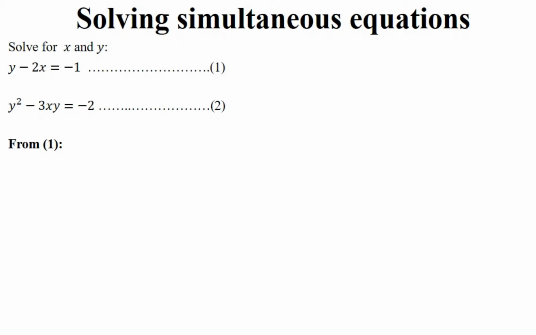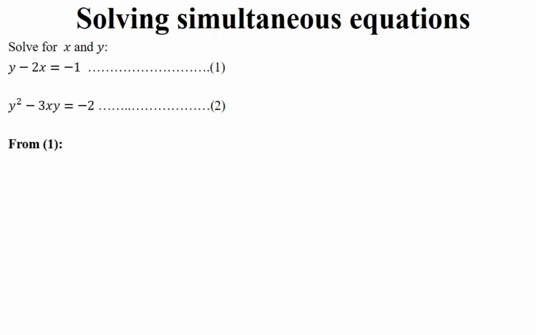Right, now looking at the two equations, one of them looks simpler than the other, which looks more complicated. So we take the one which looks simpler, and in this case it is equation 1.